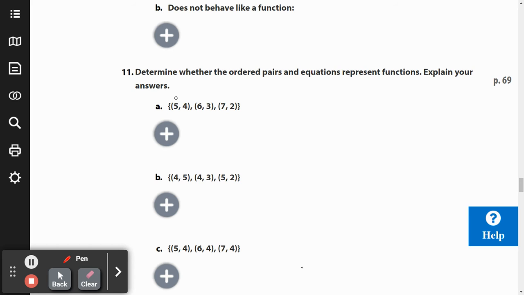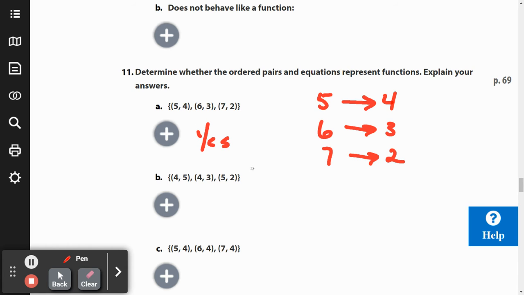Yeah, so I have a 5, right? 5 gives me only 4, 6 gives me only 3, and 7 gives me only 2, right? One input, one output. So the answer to this is yes, it is a function. And how do you explain your answer?